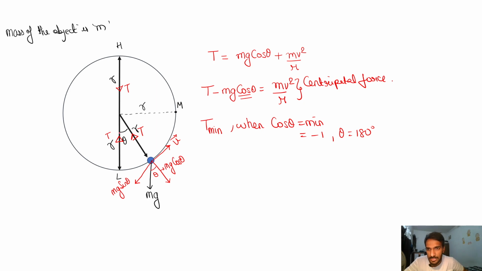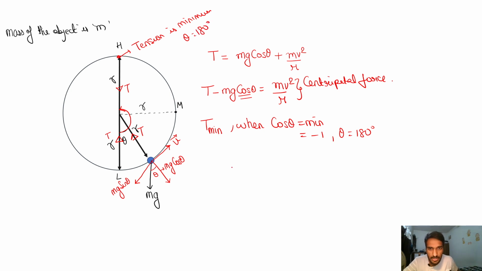So this is 0, and theta keeps on increasing like this. When the object reaches point H, at this point tension is minimum, because here theta is equal to 180 degrees, right?